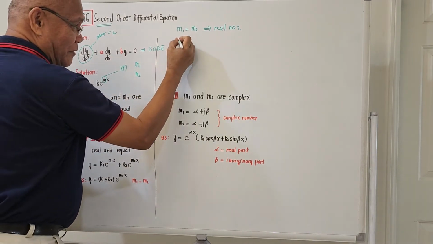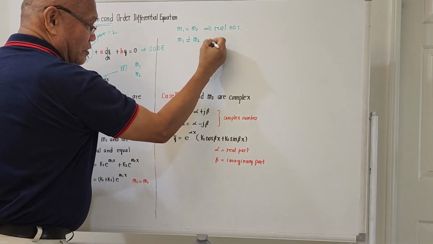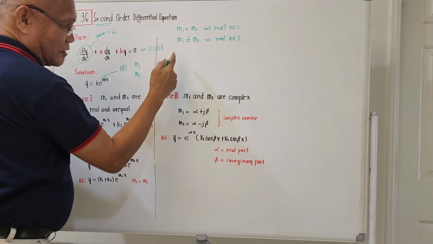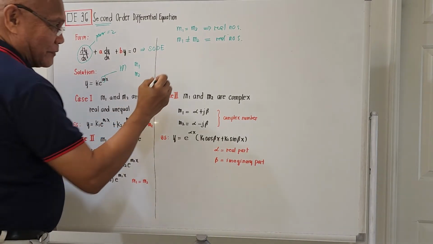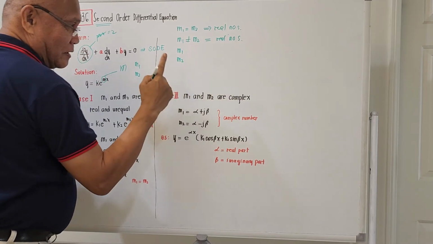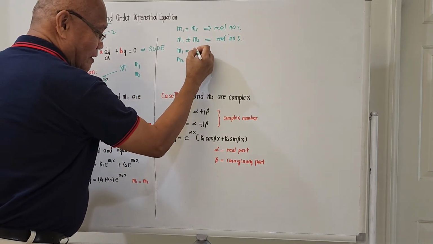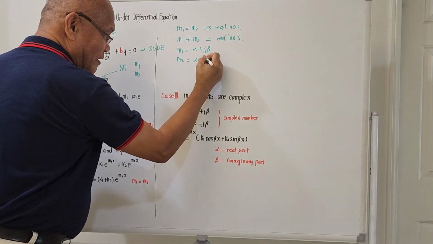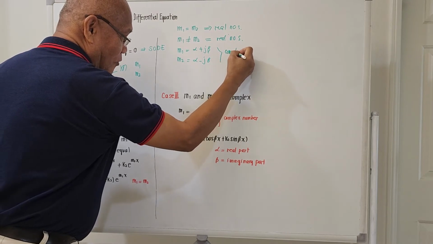Possibility number 2 is that m1 is not equal to m2, and still they are real numbers. And for case number 3, m1 and m2 are not equal, but they are complex numbers. So they should be alpha plus j beta, and alpha minus j beta.